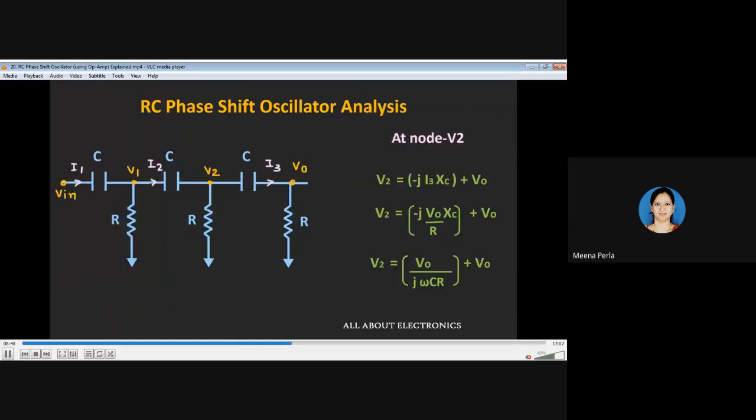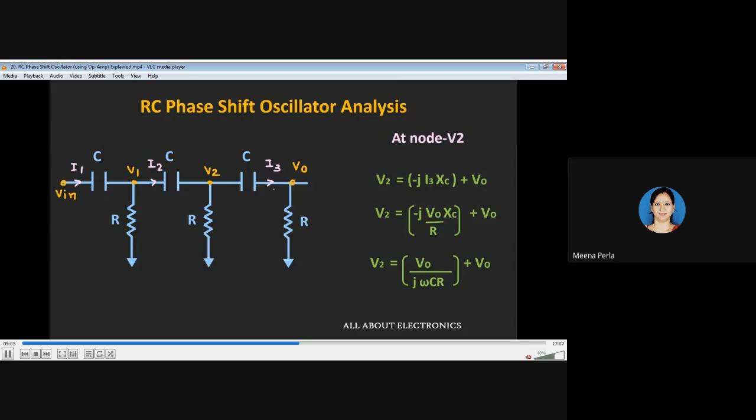So let us consider V2. At V2, we can write the voltage V2 as equal to V out plus the drop across the reactance XC, that is I3 times minus jXC.